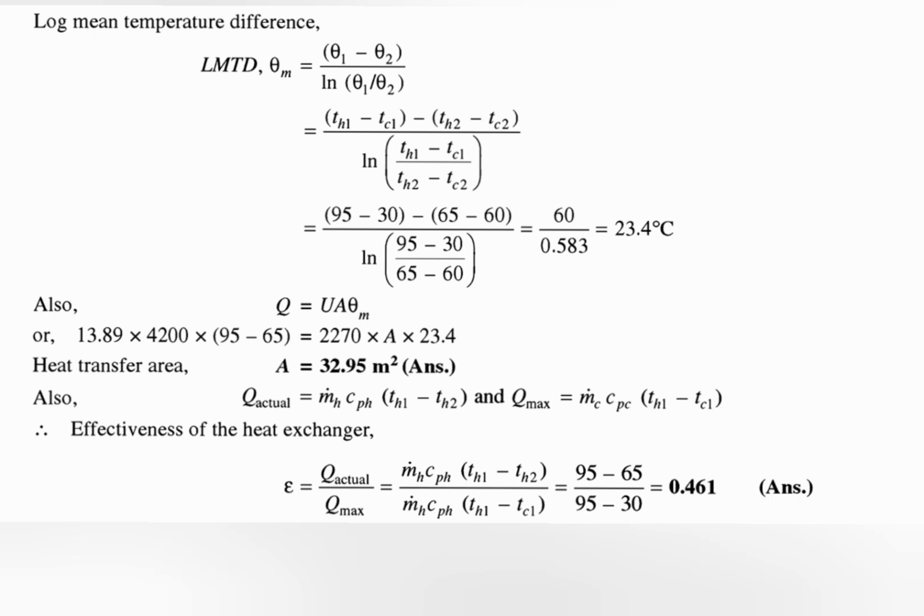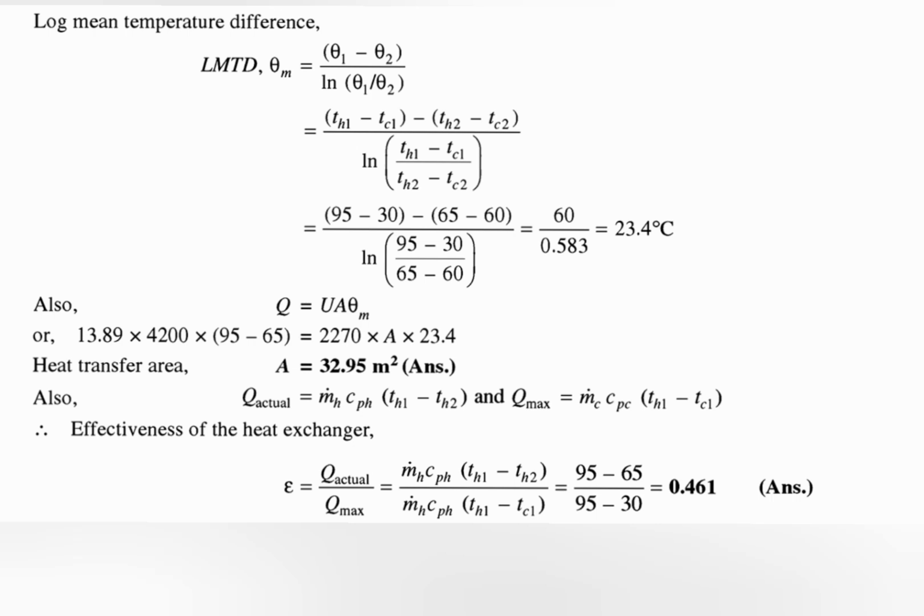The heat lost is gained by the cold water, so the loss occurs in hot water. Or it could be calculated from the cold water difference, because heat loss and heat gain are the same. So for the actual heat transfer you can apply either the hot water equation or the cold water equation.